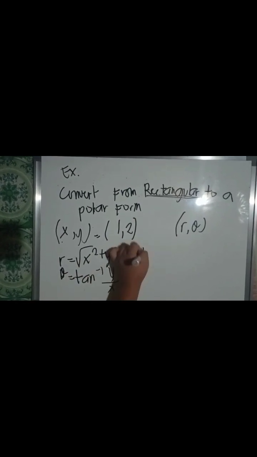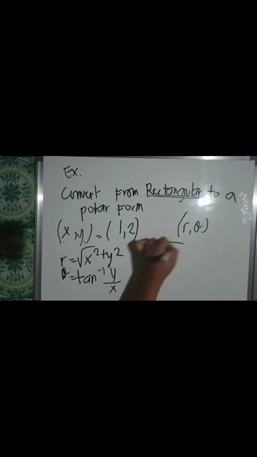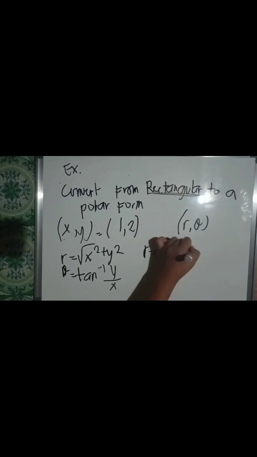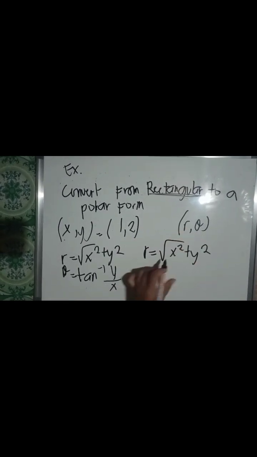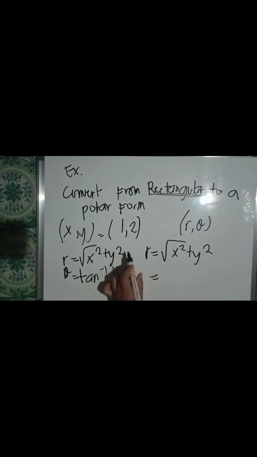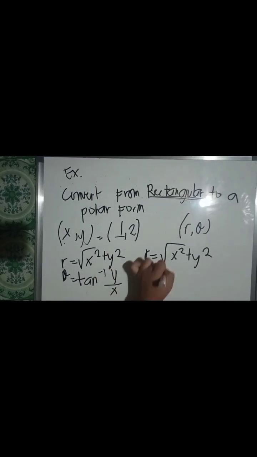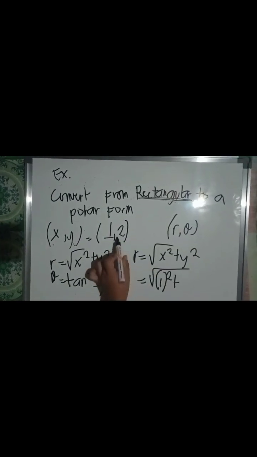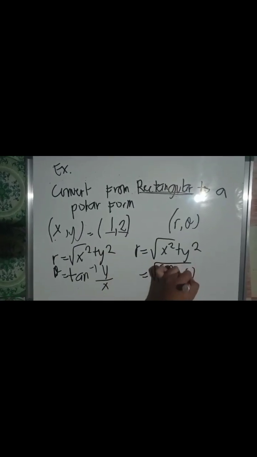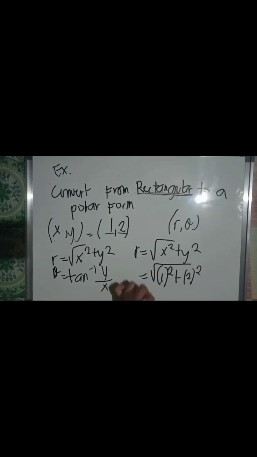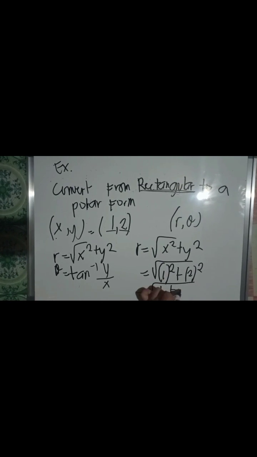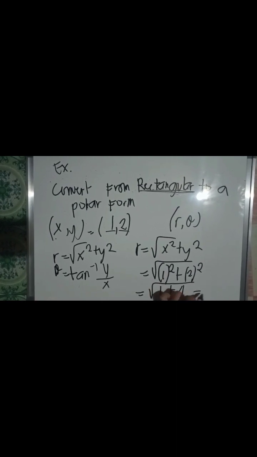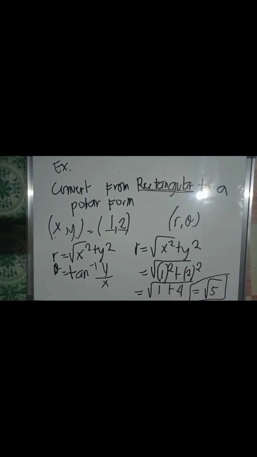And to do that, substitute our x, which is 1, squared, plus our y, which is 2, squared. 1 squared equals 1, 2 squared is 4. Therefore, our r is the square root of 5.